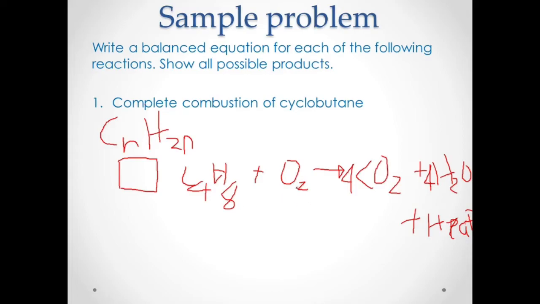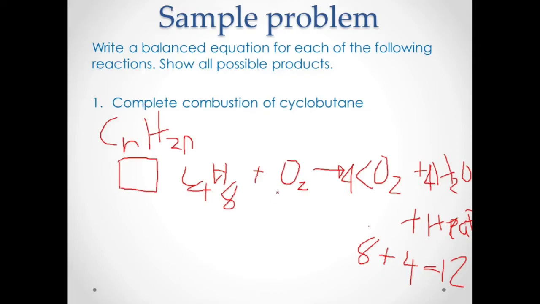And last is the oxygen. So how many oxygen are on the product side? You have 4 times 2, that becomes 8, plus 4 times 1, that is 4. So 4 plus 8, that becomes how many oxygen? You have 12 oxygen.